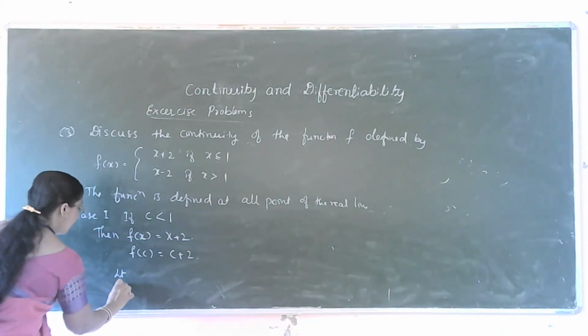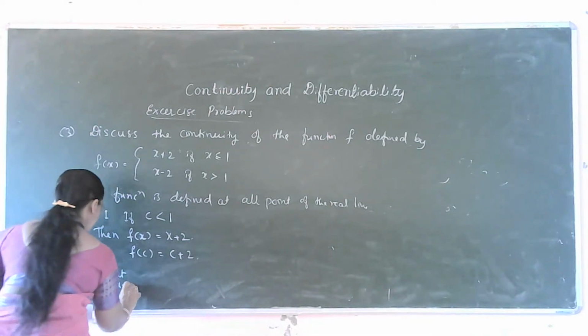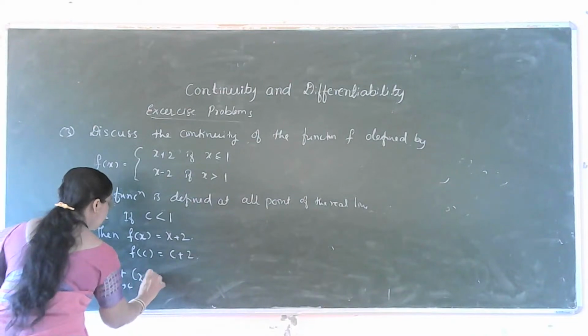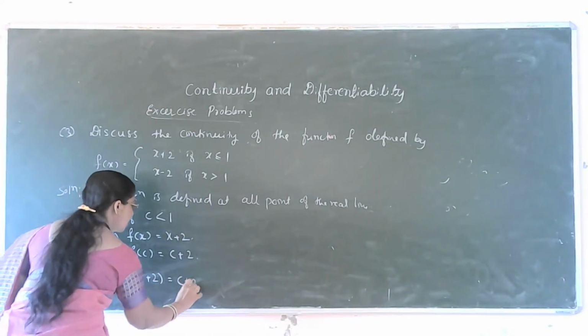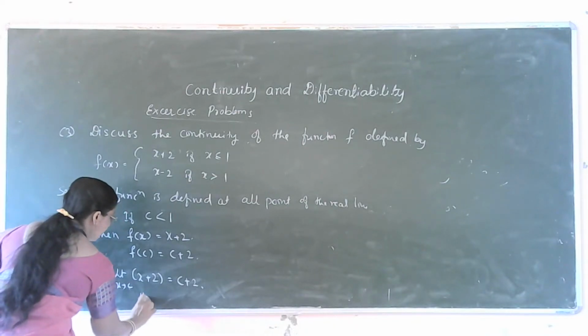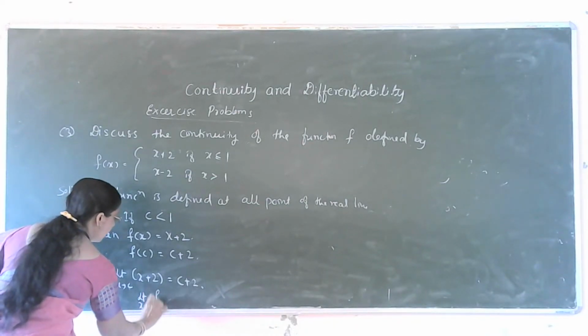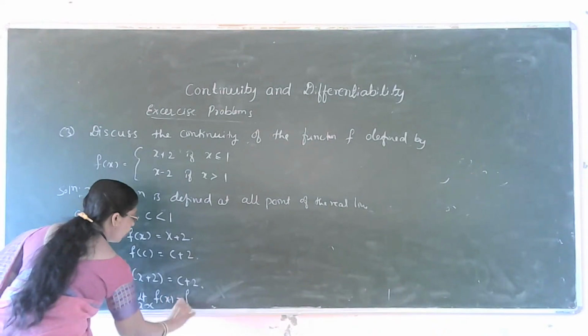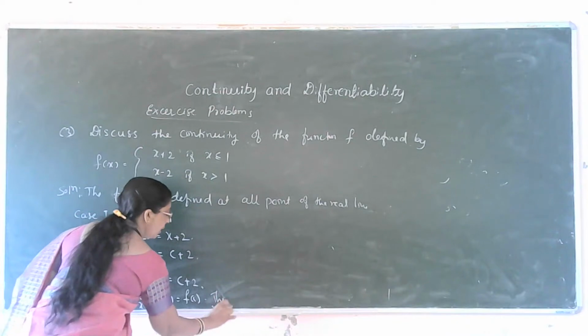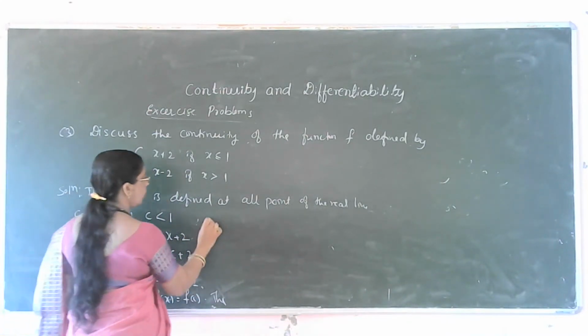Then the limit of the function as x tends to c of x plus 2 is equal to c plus 2. Here, the limit as x tends to c of f of x is equal to f of c. Therefore, the function is continuous.